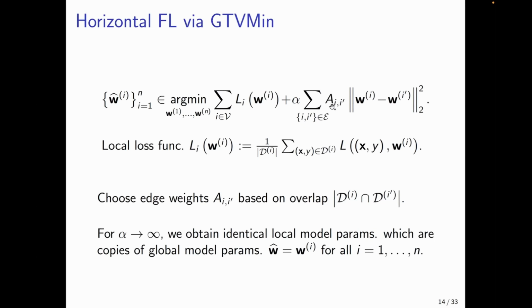You must be careful not already there in these pre-processing steps to leak private information. For example, here, when you want to construct the edge weights based on the overlap, I mean, one trivial way would be each hospital shares its full patient database with the other hospital. And then you can determine this overlap easily, but then you might have leaked too much privacy.